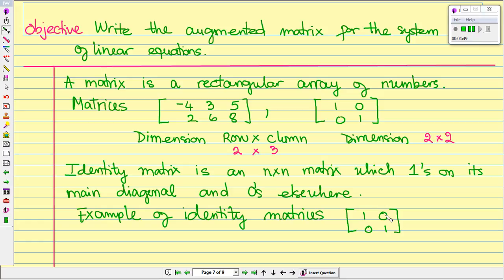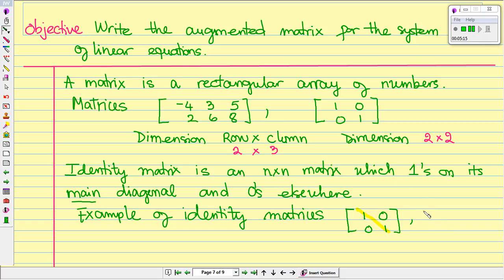You can see that you have 2 rows, 2 columns, so that means 2 by 2, and it has 1 on the diagonal. When I say main diagonal, it means you start from left to right. I'm going to go ahead and highlight it so you know that. So this is the main diagonal, and elsewhere will be 0.